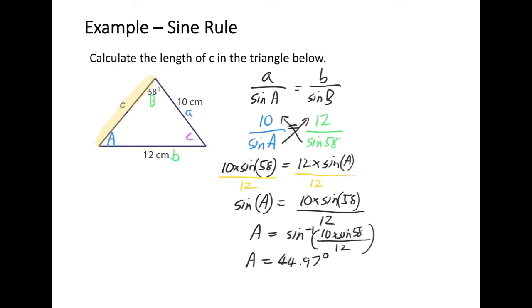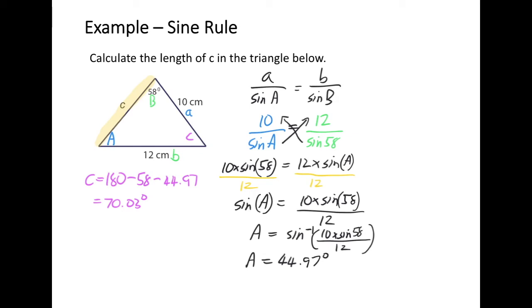So now I can use that value to be able to find my angle C value. So all the angles in the triangle are going to add up to 180. So C is going to equal to 180 minus 58 minus 44.97. So my C value is going to be 70.03 degrees. So now that I've got my angle C value, I can proceed to be able to calculate my missing side C value.